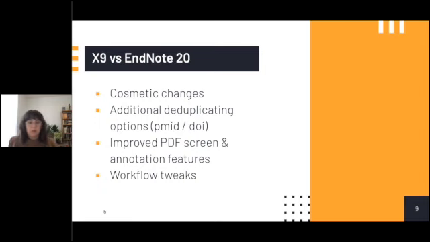It's a little easier to navigate, which is great because EndNote does look a little aged in X9, which you'll see. There's a few more deduplicating options, so if you are in that knowledge synthesis or systematic searching vein, you have a couple more choices to choose which fields to compare against. And there's some improvements in PDF viewing.